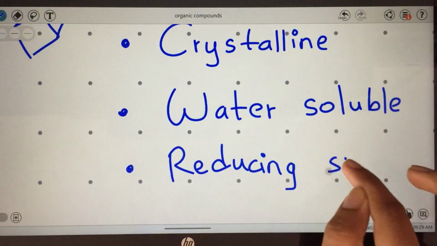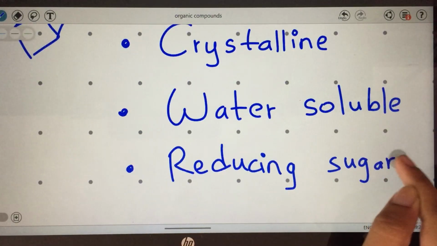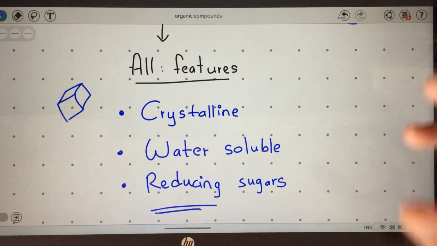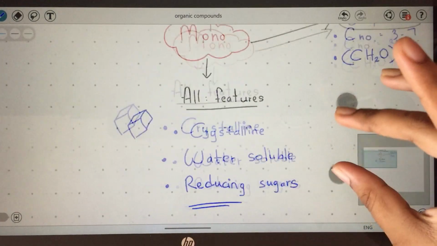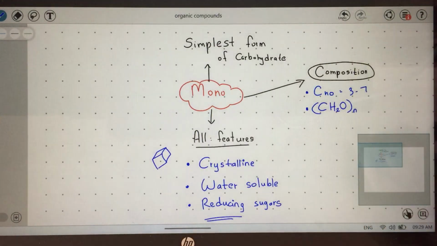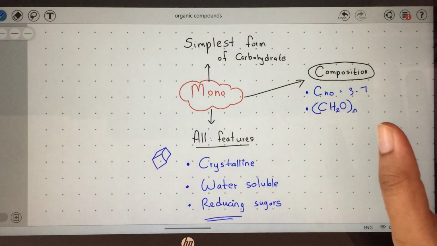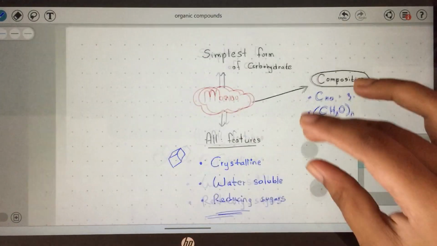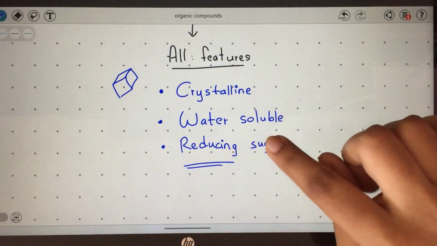Okay, there is this term. This might sound new to you. Reducing. Just remember it. Monosaccharides are going to be reducing sugars. Now I told you mono and disaccharides are only going to be sugars. Out of that, all monosaccharides are reducing sugars.